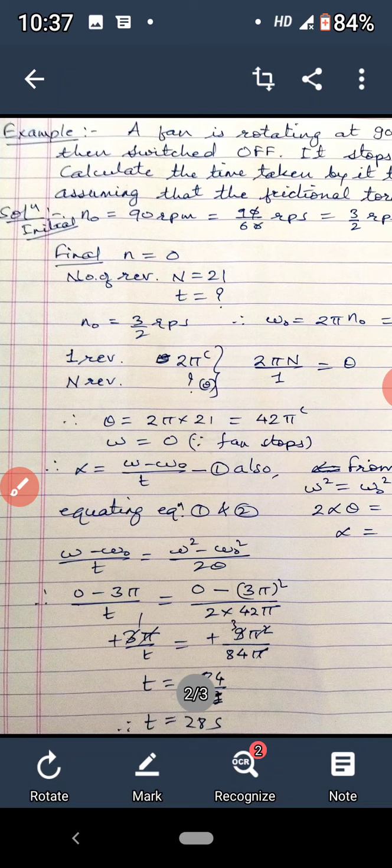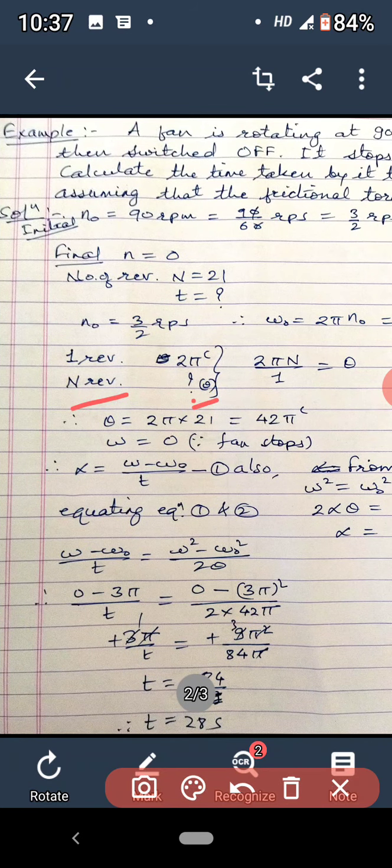So for n revolutions, how much is the angle? If you cross multiply, we get 2 pi n upon 1 equals theta. So theta equals 2 pi n is the formula. So put the value of n as 21, we get theta as 42 pi radian. So we have all the values.